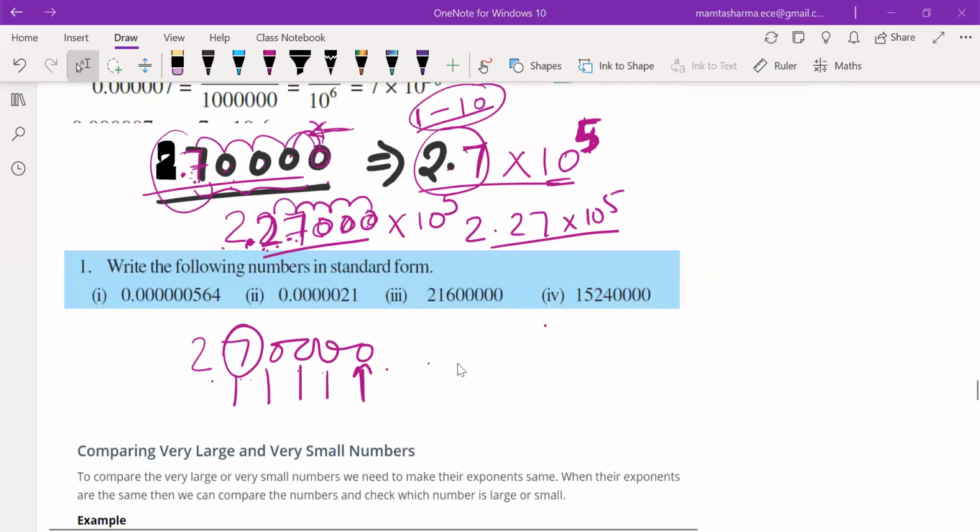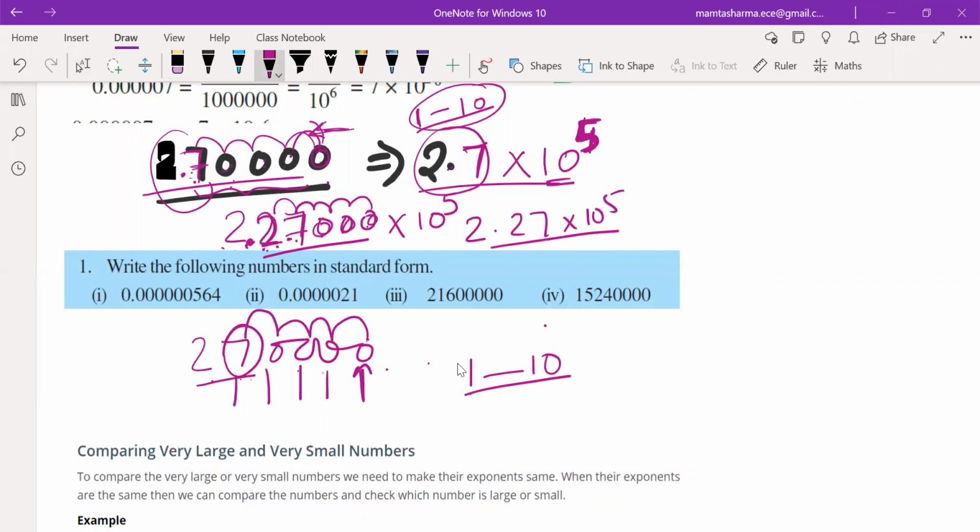So Nitya Shri, Shubhra, Ananya, you listen. If I start jumping from the right side, jump until you get a decimal number between 1 to 10.